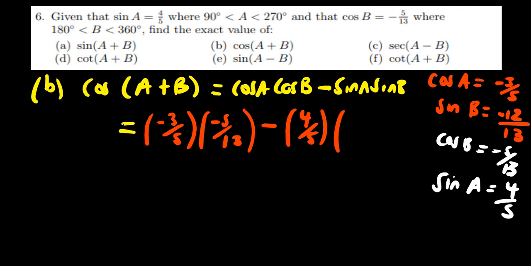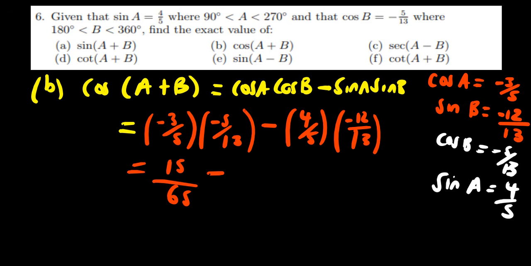This is multiplying by sin b, which is negative 12 over 13. Okay, then we're just going to solve. Negative 5 multiplied by negative 3, that just gives me a 15 over 5 multiplied by 13, that is a 65, like we've been finding. The other side, 4 multiplied by negative 12, what do I have? A negative 48.